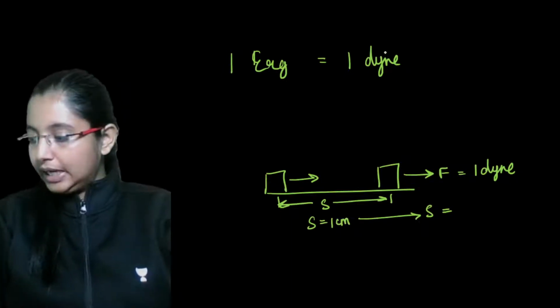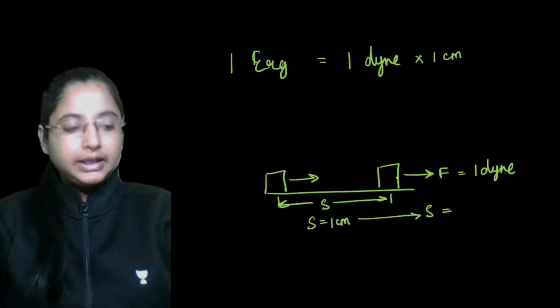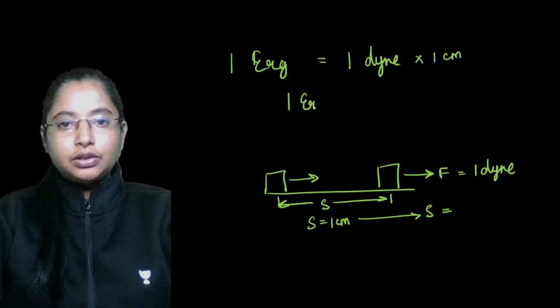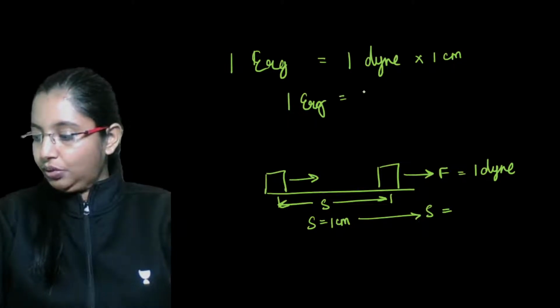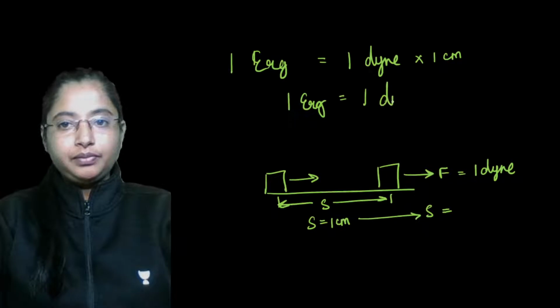For 1 dyne of force applied, the object moves through a distance of 1 centimeter in the direction of the force applied. Then we say that is 1 erg. So 1 erg is equal to 1 dyne centimeter.